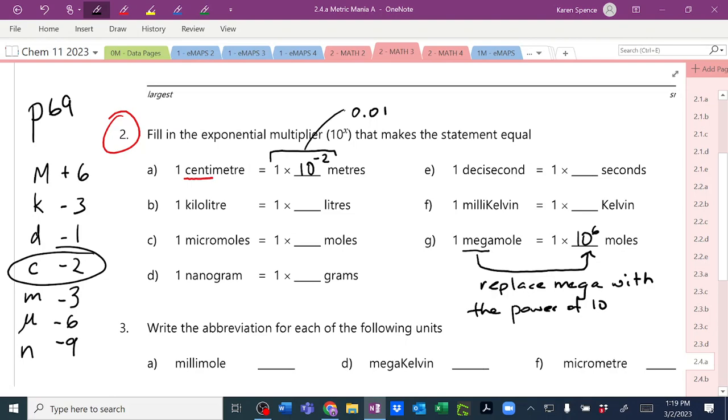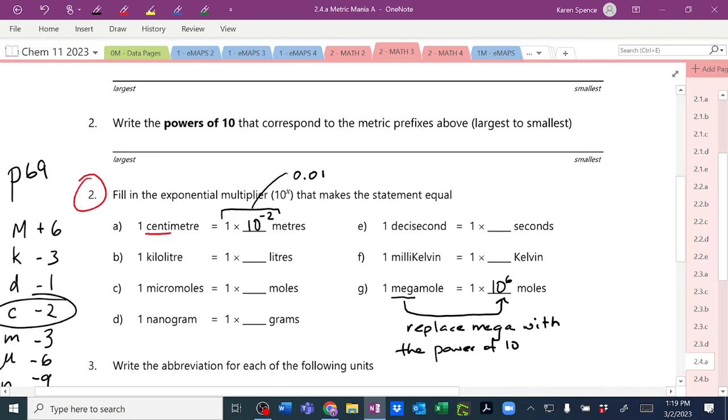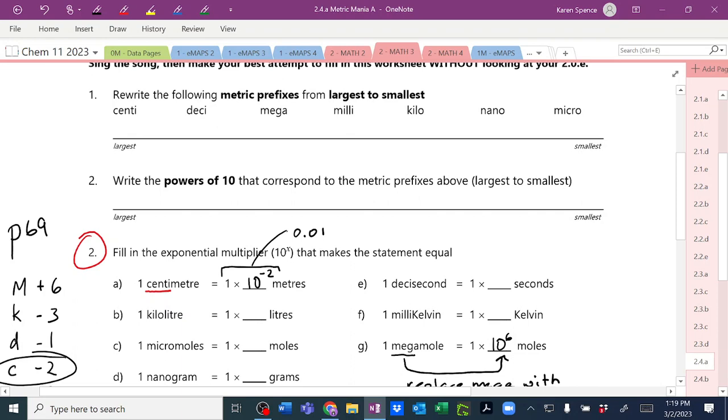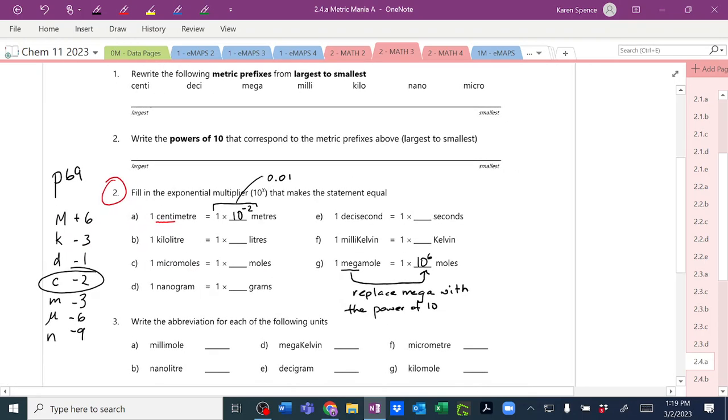So what I'm going to do, just very briefly, is give you time to do page 69, and then we are going to move on to 2.4b, or actually 2.4c. Okay, so start with page 69. I'll give you about 5 minutes, maybe 7 minutes to do that. I don't imagine it's going to take you very long.